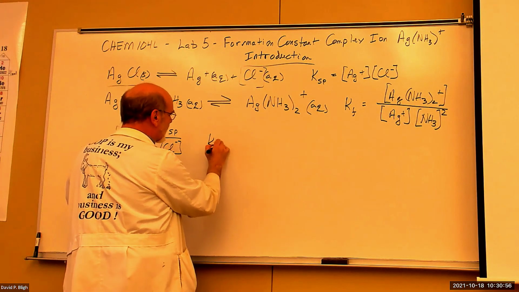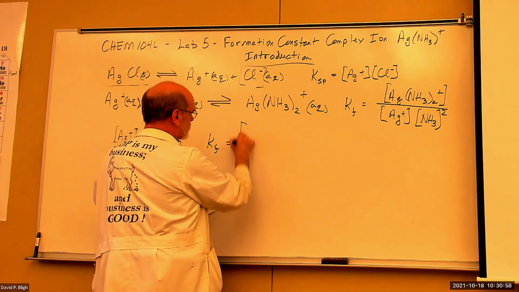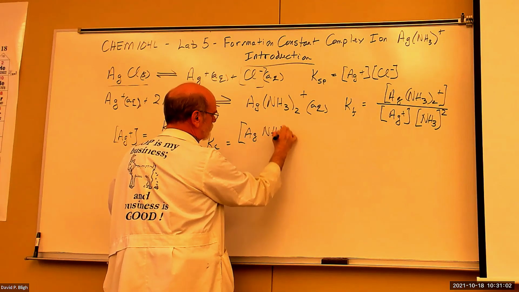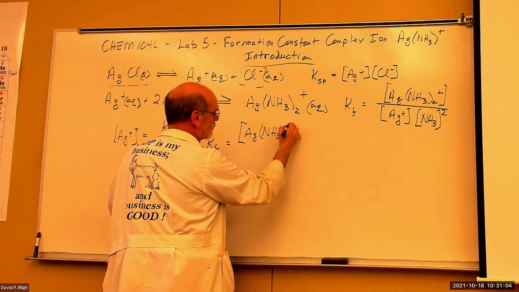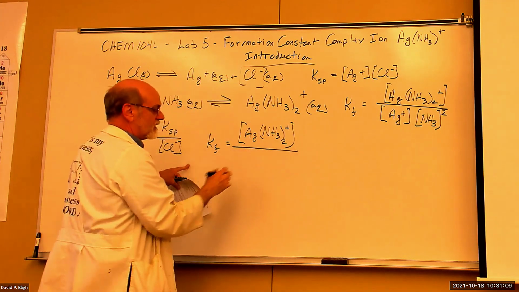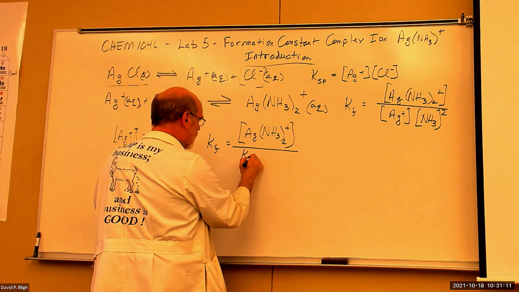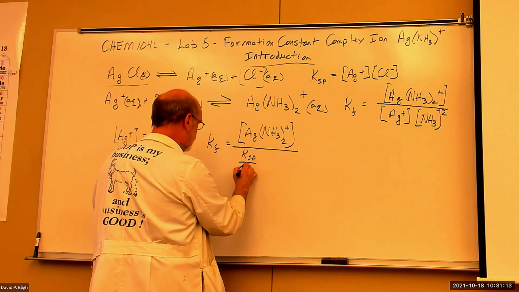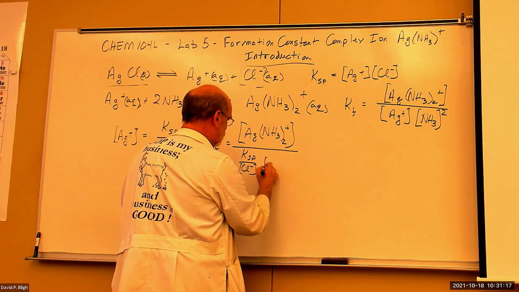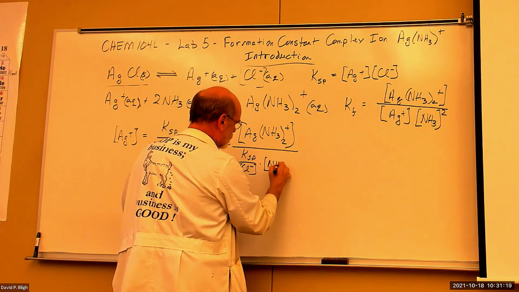So now Kf equals the complex ion divided by the equivalent of our silver, KSP divided by chloride, times ammonia squared.